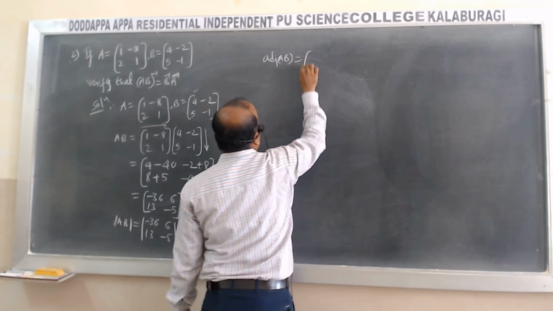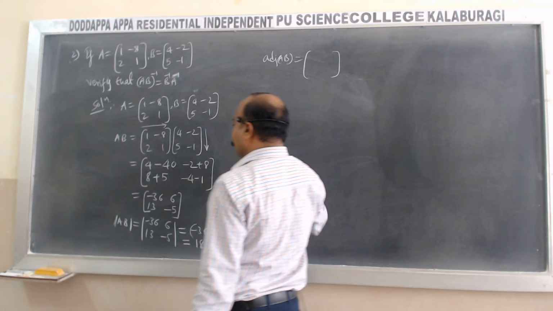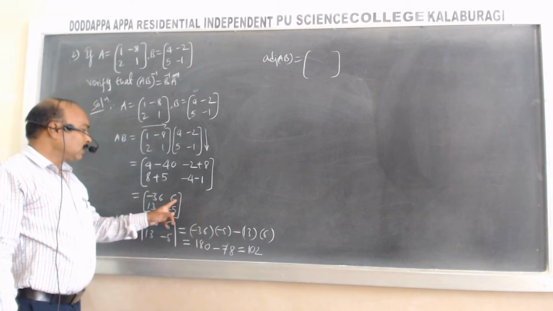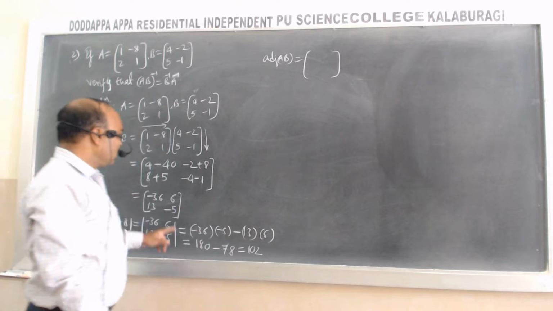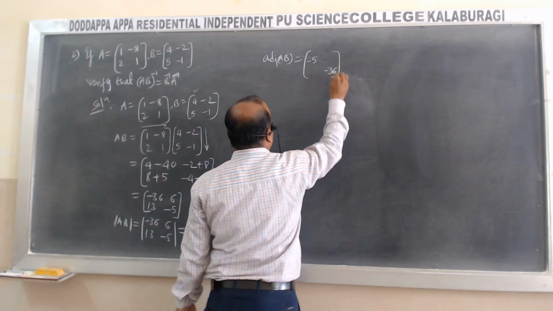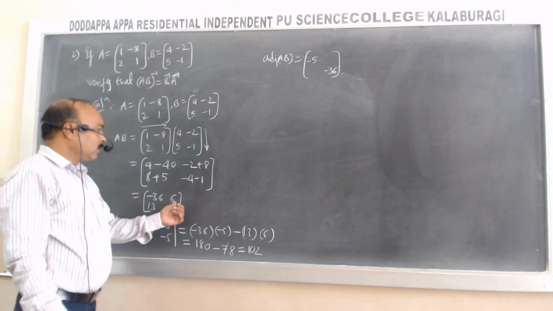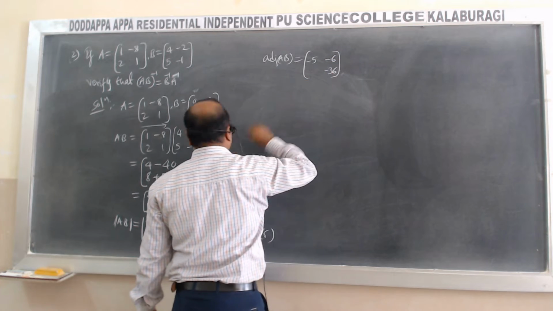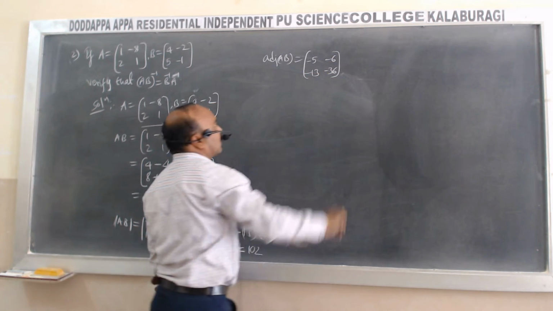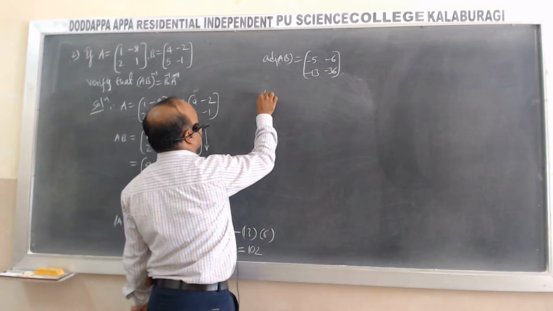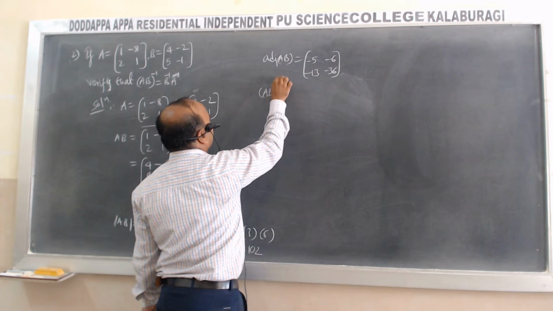Now we go for adjoint of AB. Adjoint of AB, the direct method we can use here. Now we change the diagonal elements and the sign of the non-diagonal elements. By change of diagonal elements we get minus 5, minus 36, and change of sign of non-diagonal elements is minus 6, minus 13. Now it is adjoint of AB. Then we calculate AB inverse.